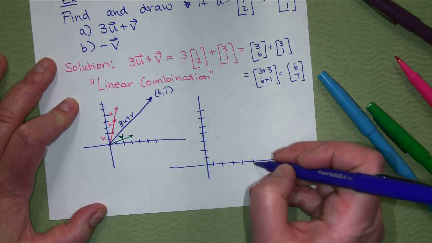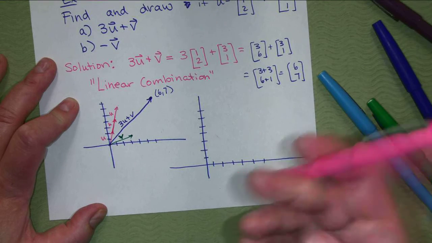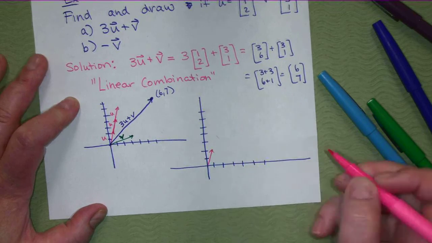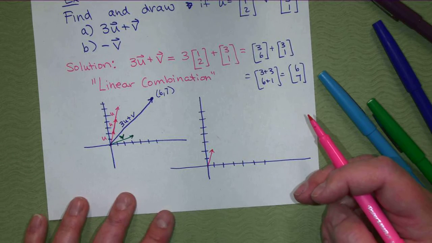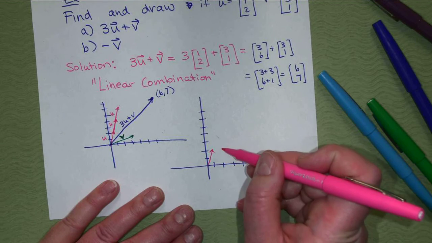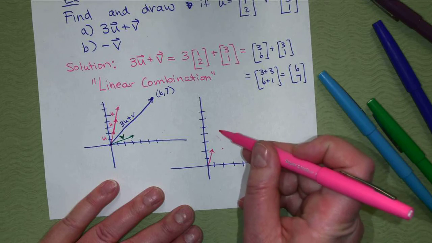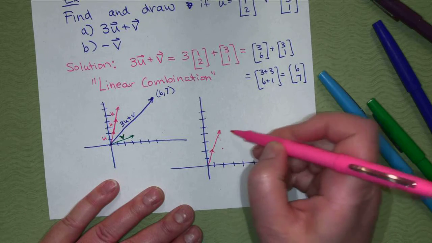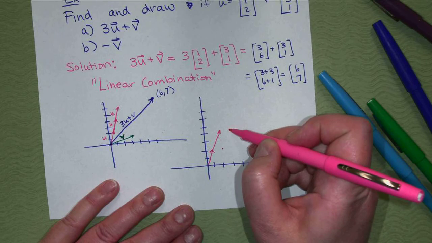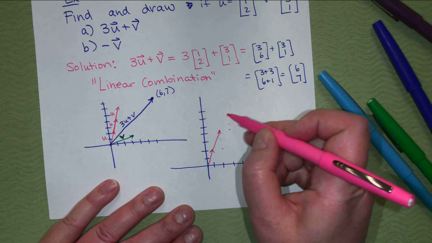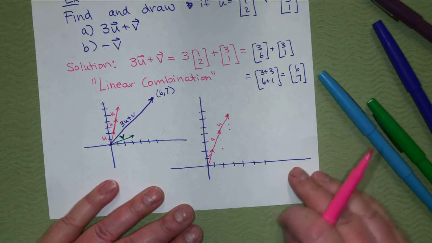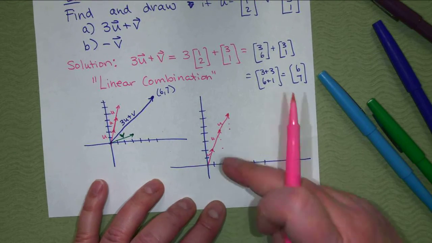Okay, let's put u in accurately. 1, 2. So if I want to draw another u on the end, I didn't go over far enough. I need to go over 1 and up 2. It's just my tick marks weren't even. So u, u, u with the ruler would look better. But every time I have to go over 1 and up 2.